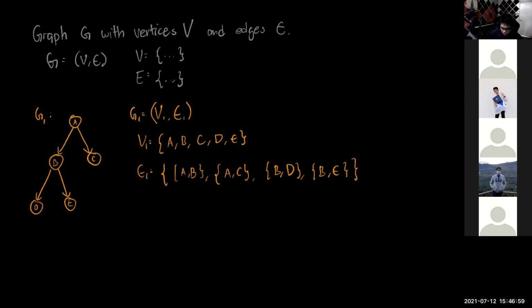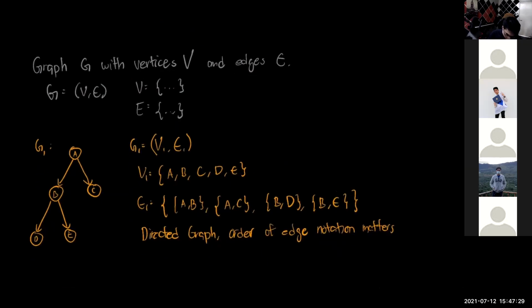Okay, so when it's a directed graph, the order of when you identify the edges matters. So if I put something like edge BA here, for example, that would be wrong.